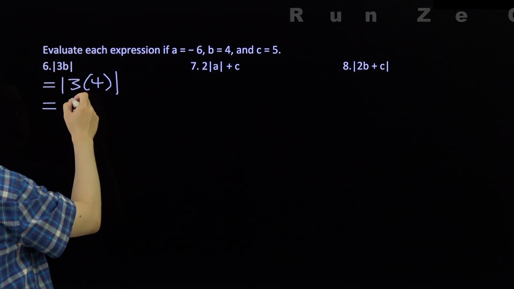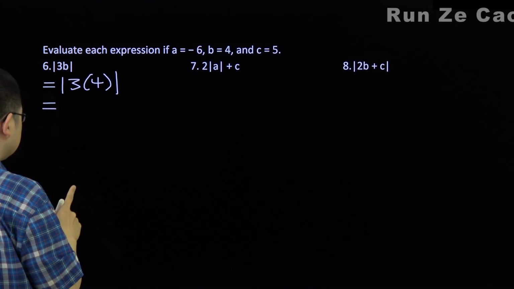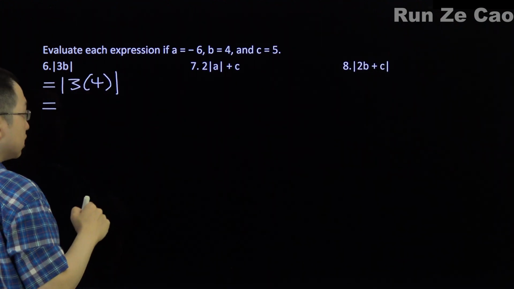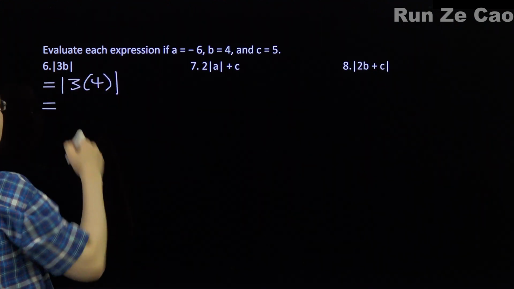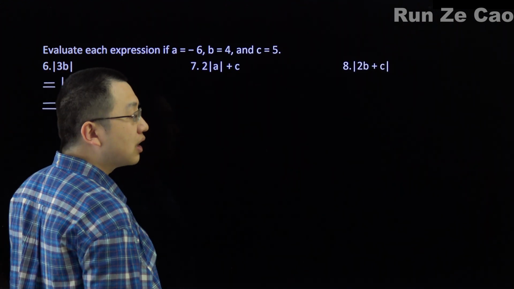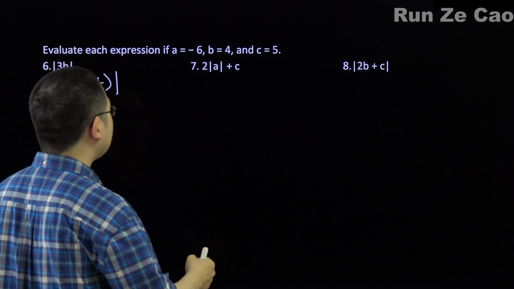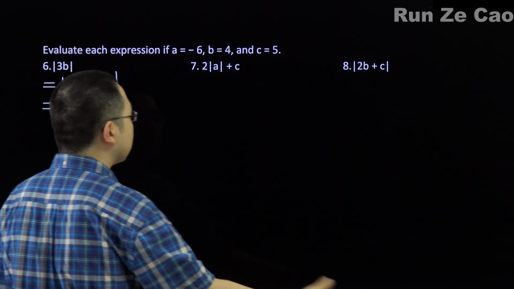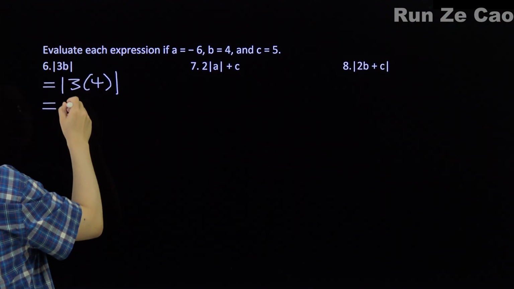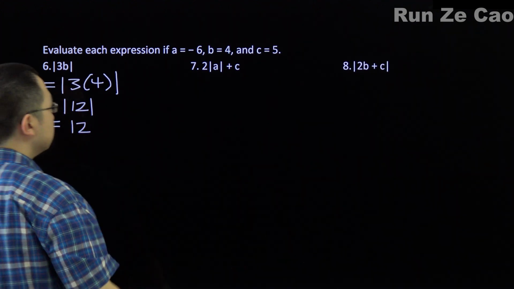And note that if you're actually doing these questions as part of an order of operations problem, the magnitude symbols are essentially another type of bracket. Like you do the stuff inside them before you break them open and release whatever's inside to the rest of the question. So the magnitude of 3 times 4 is the magnitude of 12, which is equal to 12.